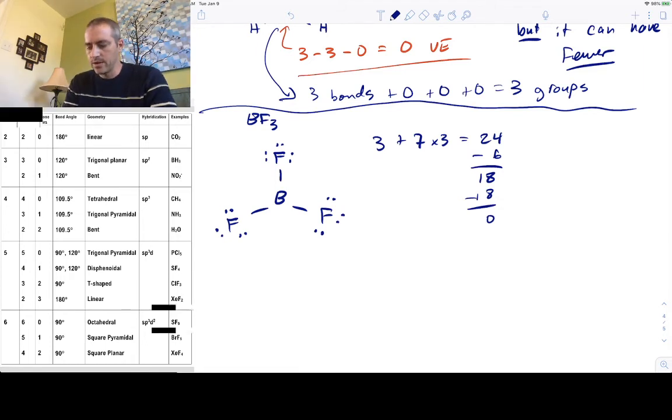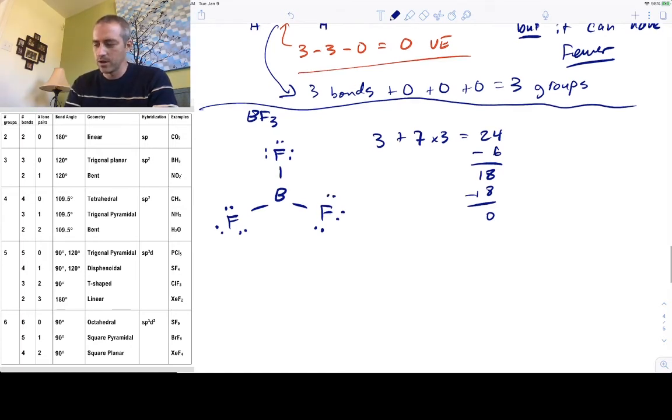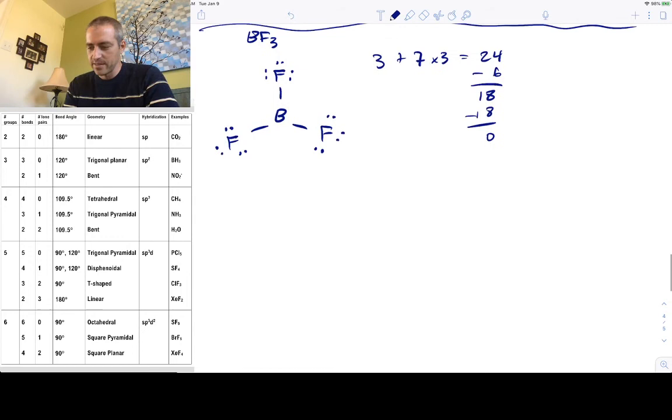Boron, as the central atom here, doesn't have a full octet. We know that's commonly the case with boron, so we're not too worried about that at this point. But there are atoms attached to the boron that we could bring down to make a double bond to the boron if we wanted to. So for example, what we could do if we felt like it is take a pair of electrons from a fluorine and bring it down, and you could create a structure that looks like this.